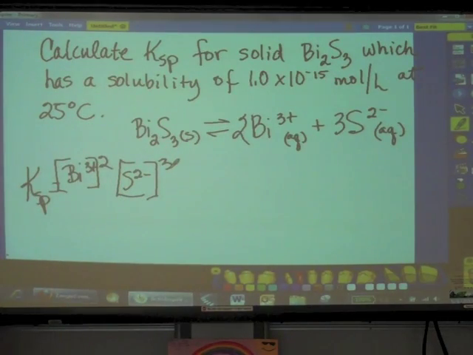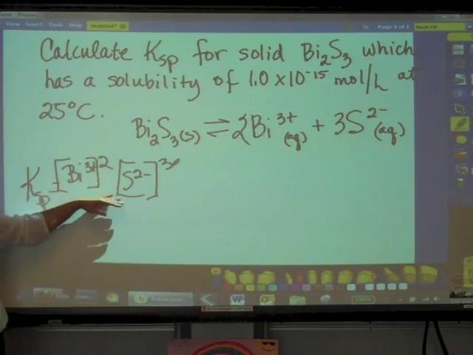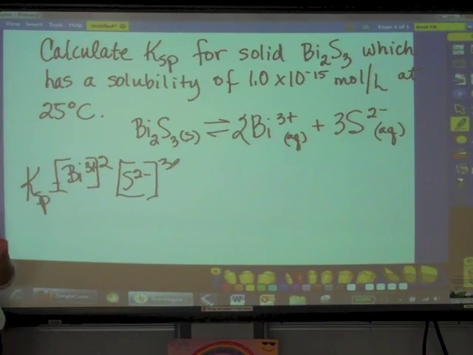All right, and there is our equilibrium expression. We are not going to put the solid in there. Now, I wrote it funny, didn't I? Because I left room for a denominator, which is not going to be there.